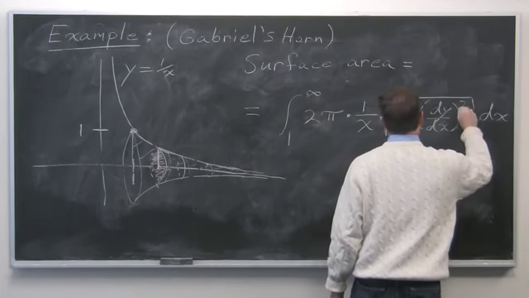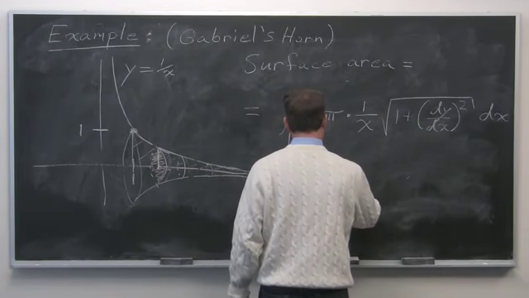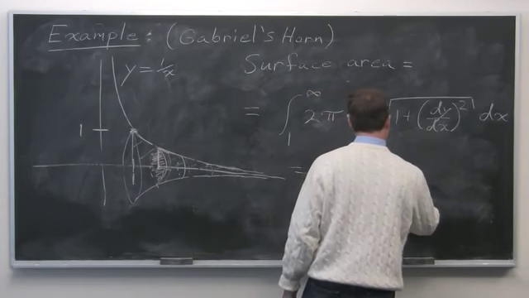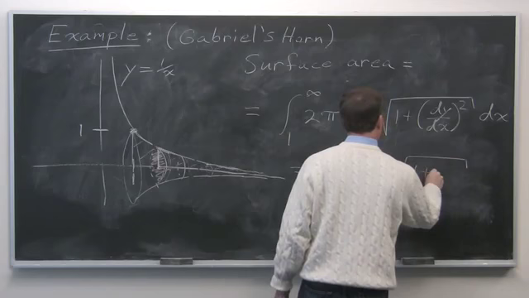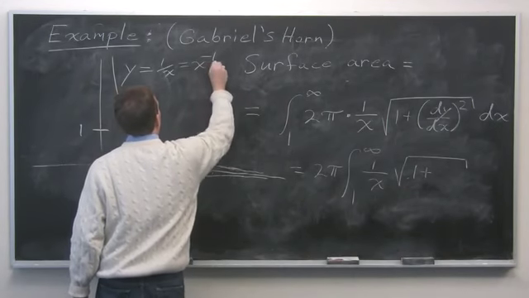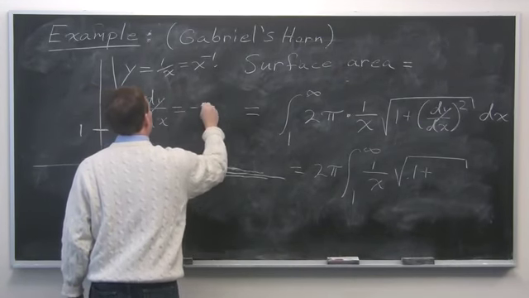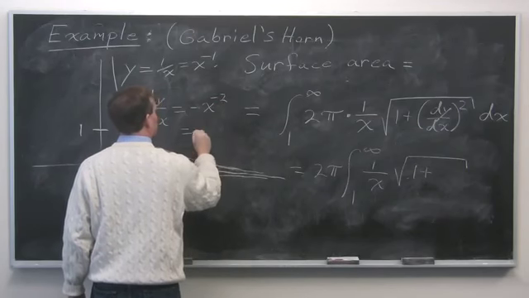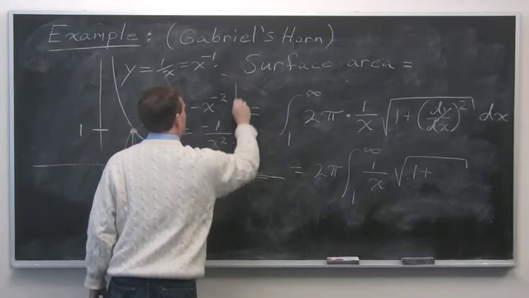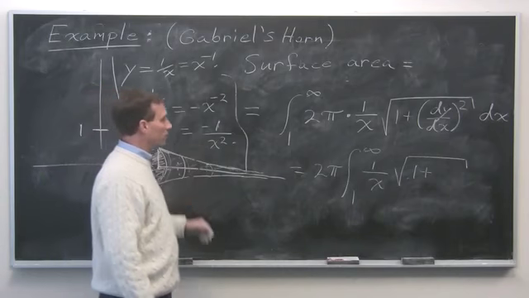So this is 2 pi times the integral from 1 to infinity of 1 over x times the square root of 1 plus dy dx squared. This is x to the minus 1, so dy dx is minus x to the minus 2, or minus 1 over x squared. So when you square this, you get 1 over x to the 4th.